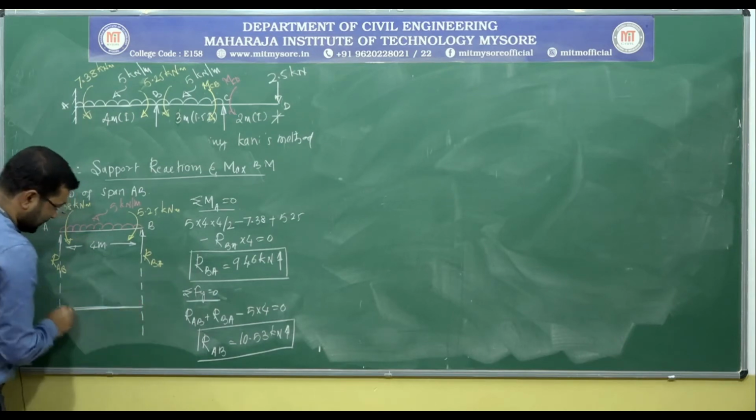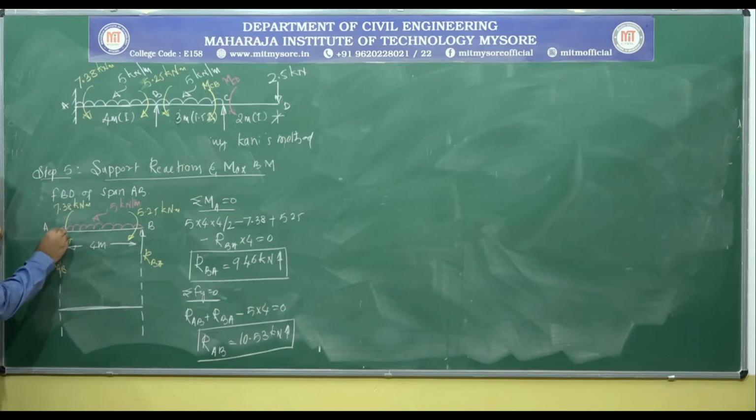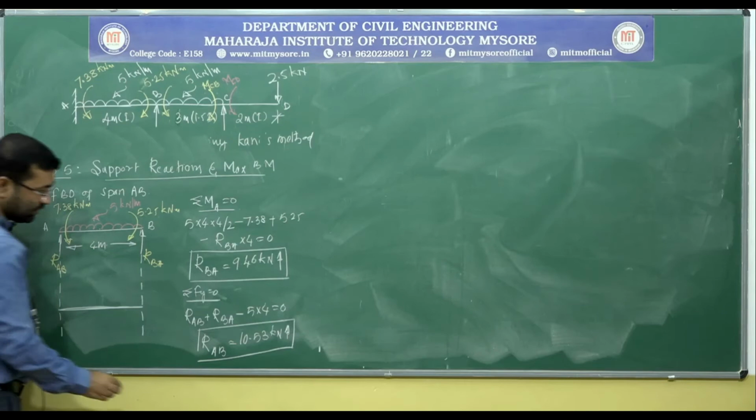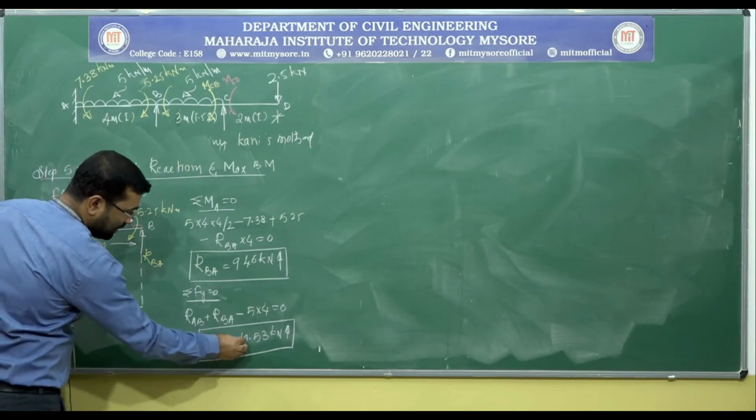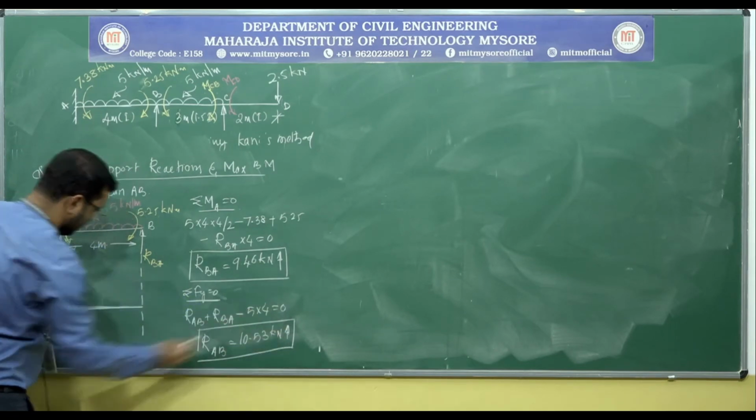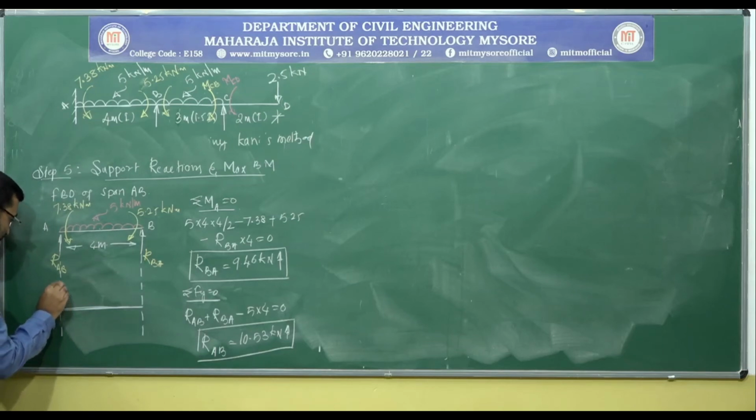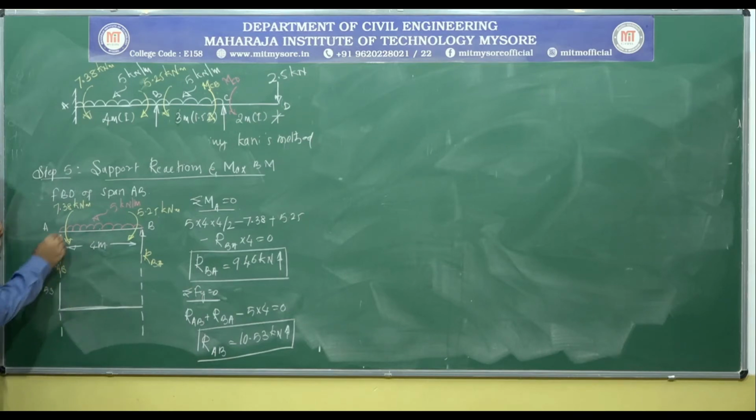So let us say this is a datum line. At point A we have a RAB, a reacting component which is acting vertically upwards. So RAB, it is 10.53 acting vertically upwards. So I will take the line vertically up. So this is 10.53. So after that we have a UDL which is acting vertically downwards. So this is positive and this is negative. 10.53 minus 5 into 4 gives you minus 9.46.